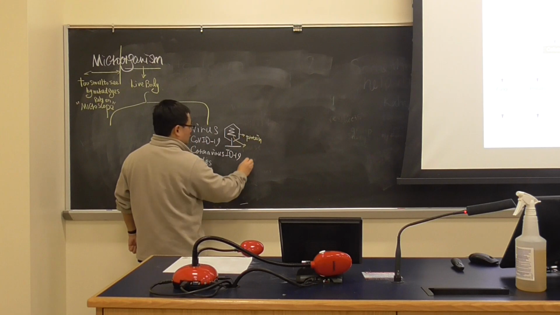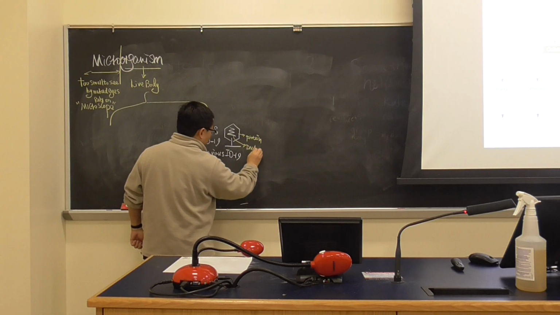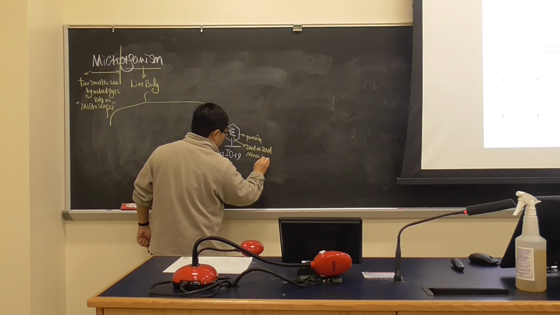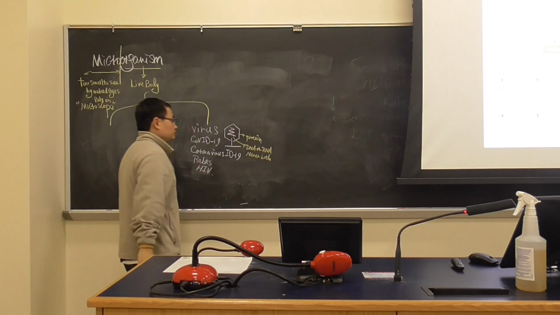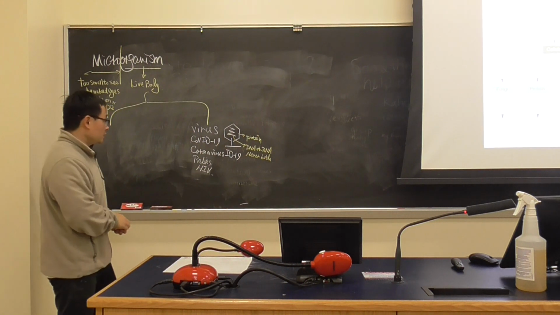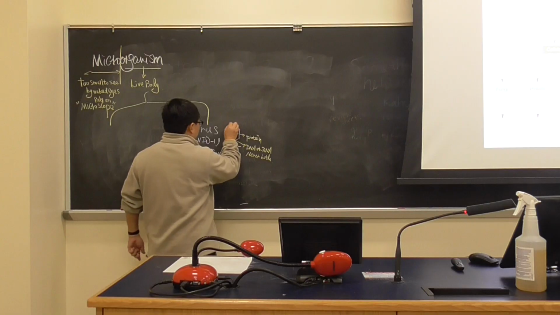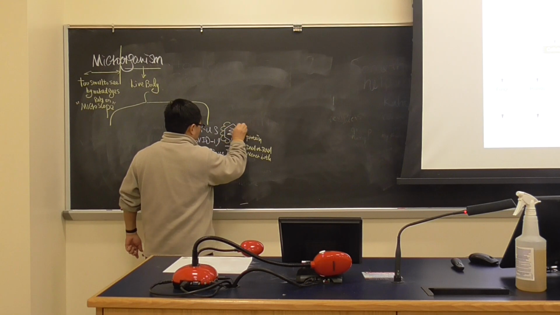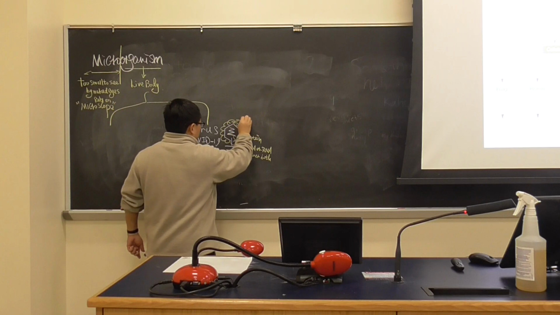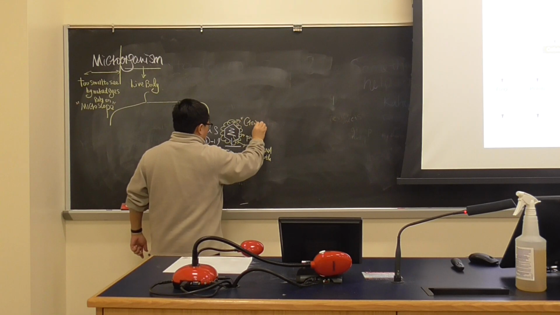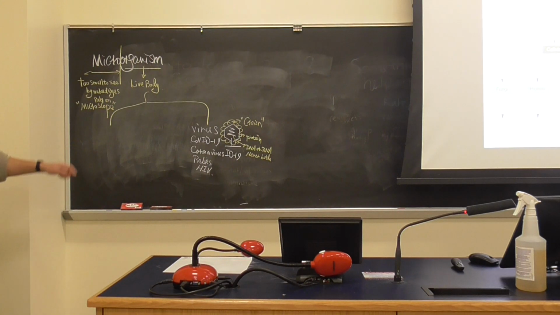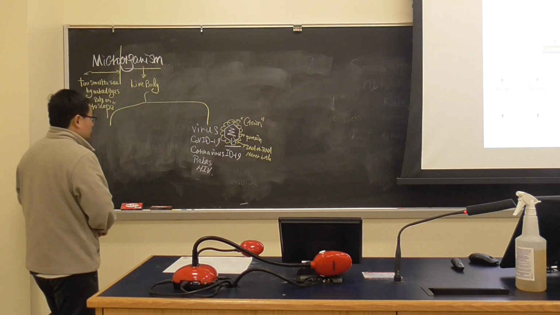Inside is DNA or RNA, but never both. And then you have so many like a crown there. It's like a crown. That's called a coronavirus. That's a very simple structure. That's a virus.